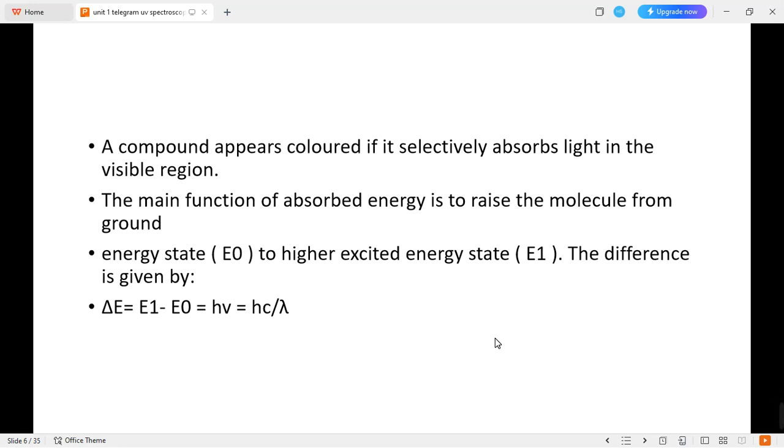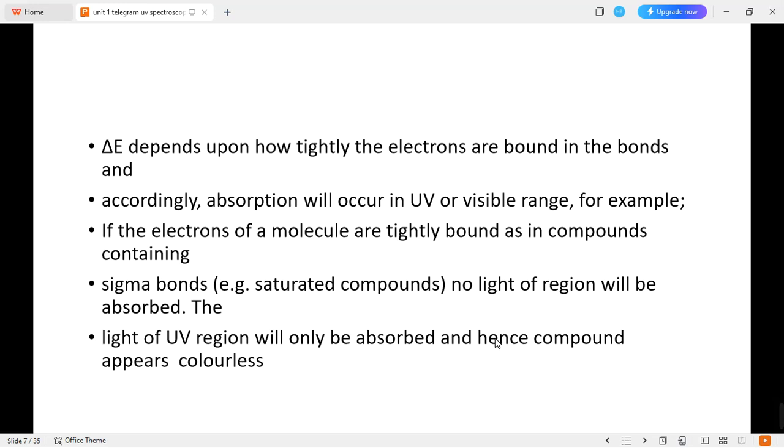Delta E is the energy, E1 is the excited state, E0 is the ground state energy level, and h is a constant. This delta E depends upon how tightly the electrons are bound in the bonds, and accordingly absorption will occur in the UV or visible range.